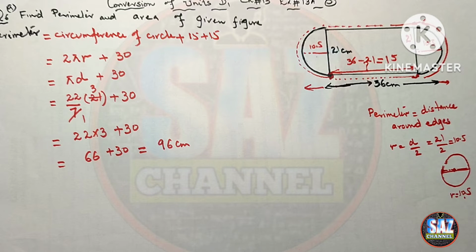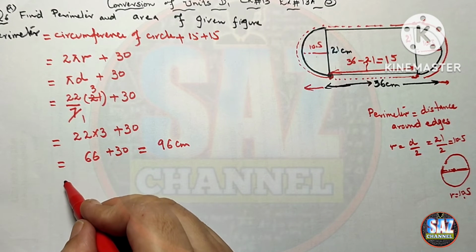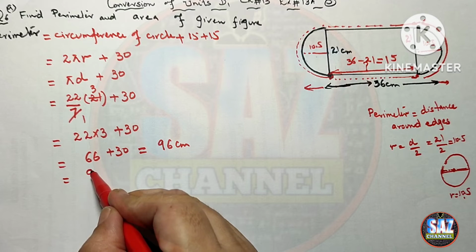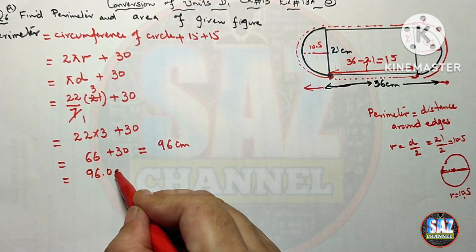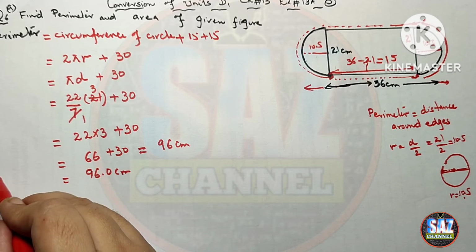As we have to give our answer to 3 significant figures, this will become 96.0 centimeters, and this is the perimeter.